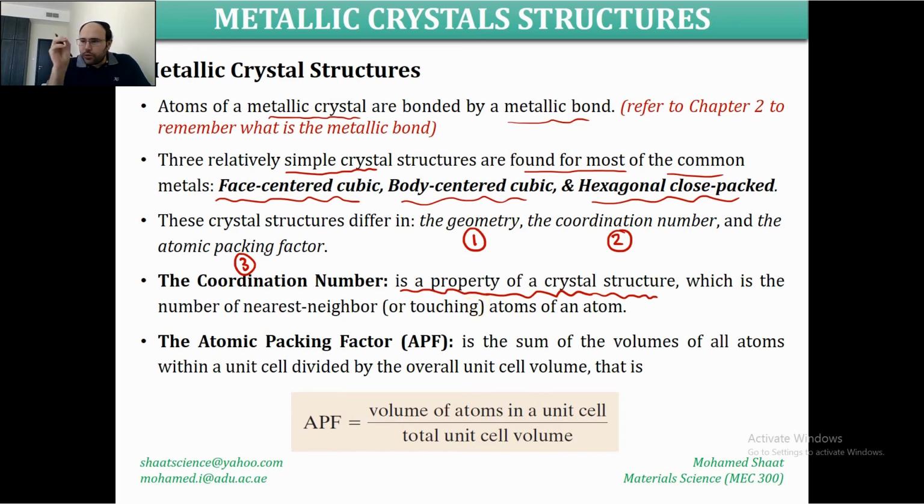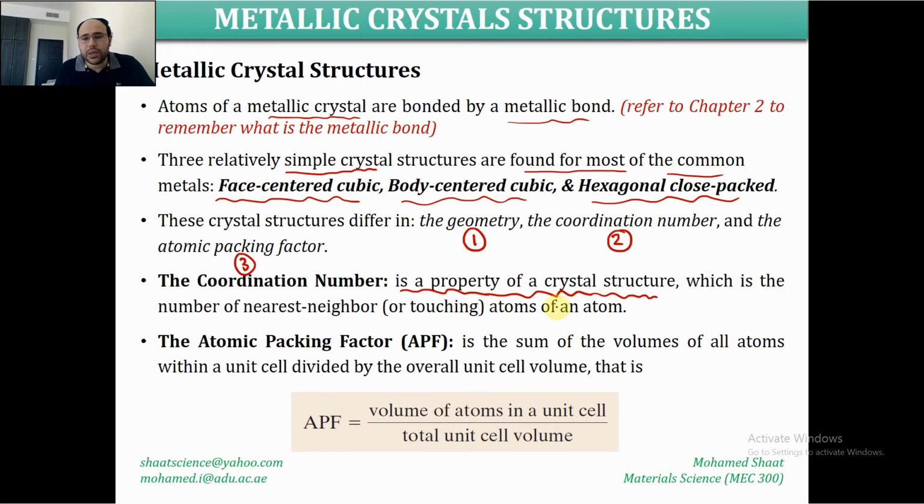You may have a unit cell made of aluminum atoms and another crystal made of copper atoms, so the atom type is different. Here we are not talking about the material type or the element type, but about the arrangement of these atoms.